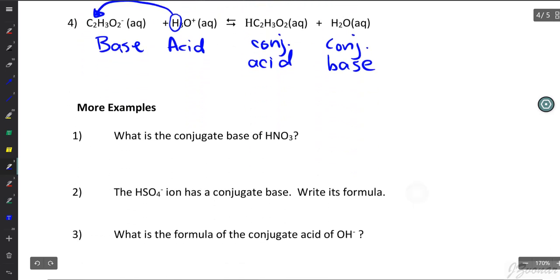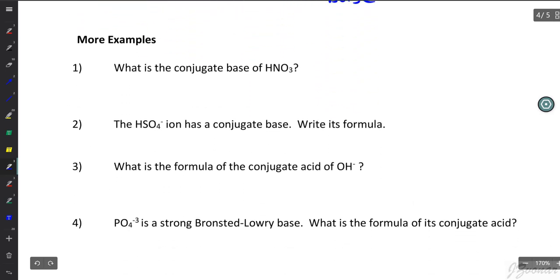All right, here are a few other types of questions that you may potentially see. It says, what is the conjugate base of HNO3? So by definition, we can determine the conjugate base by removing one hydrogen from the acid.